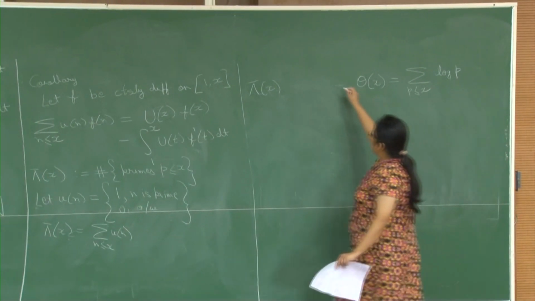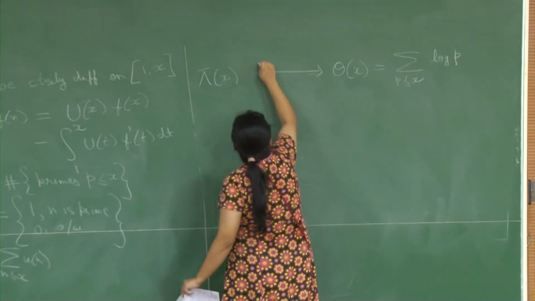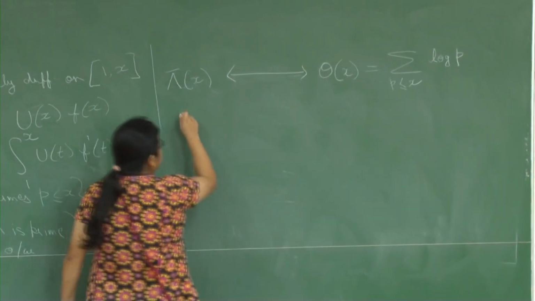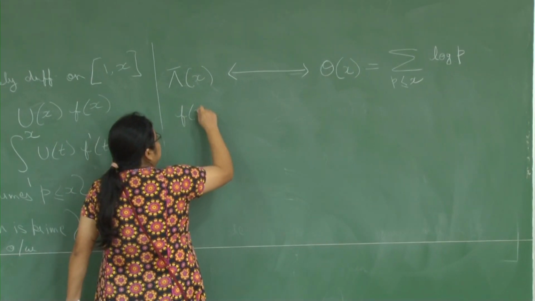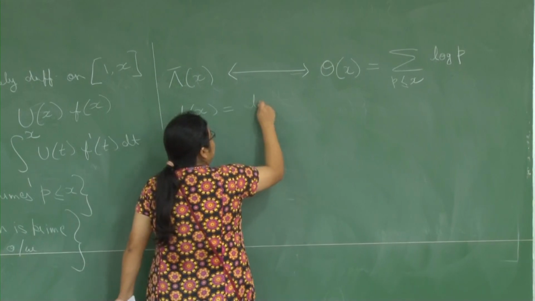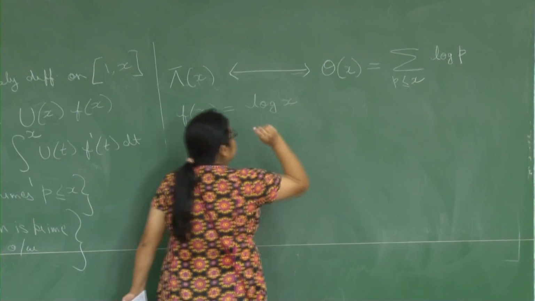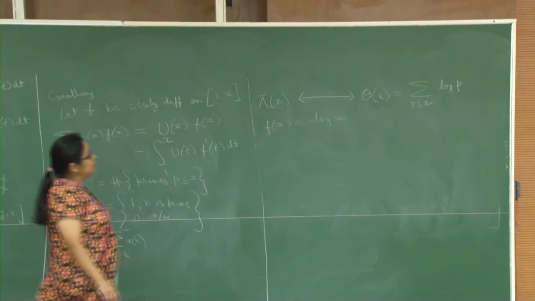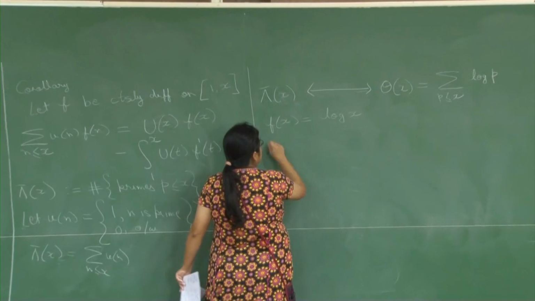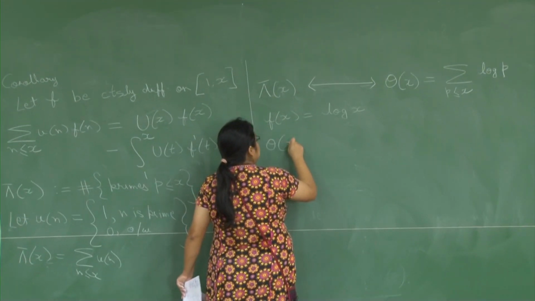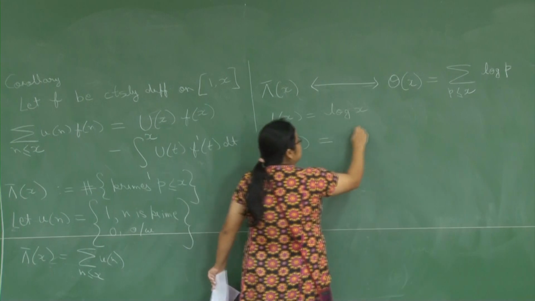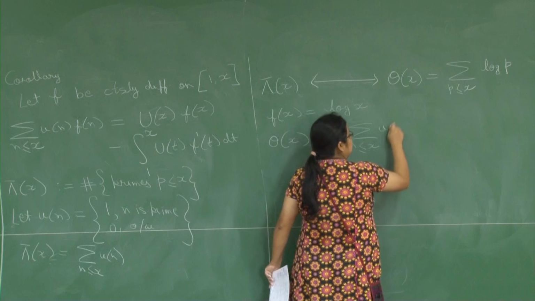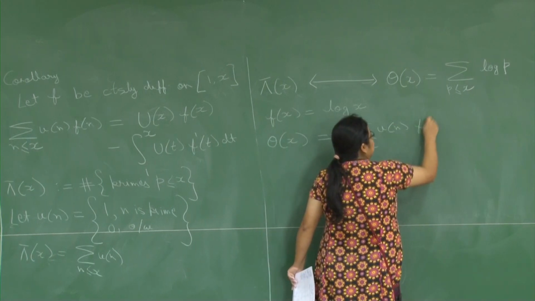We want to somehow relate these two functions, and for that we observe that if you define f of x to be equal to log of x on the set of all real numbers greater than or equal to 1, for example, then your theta of x is equal to the summation over n less than or equal to x of u of n times f of n.